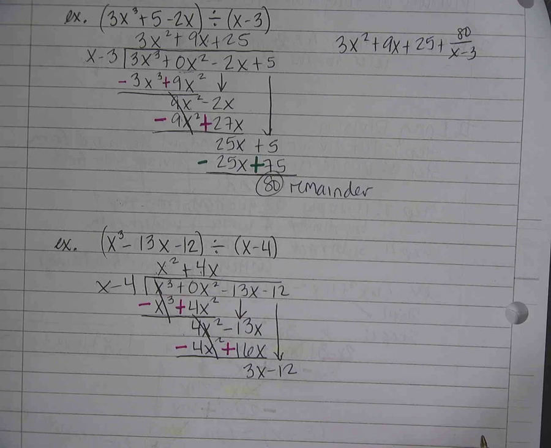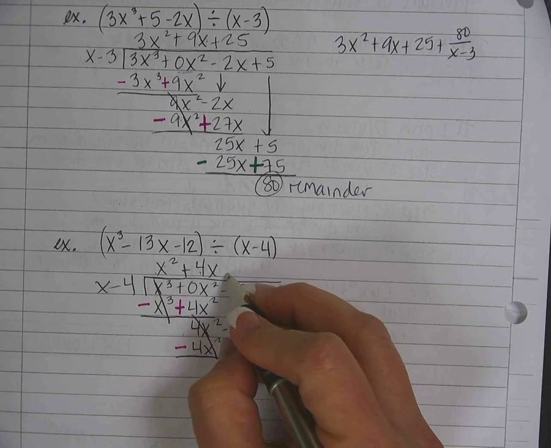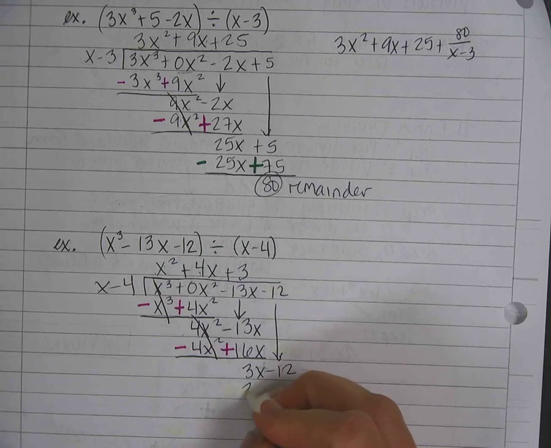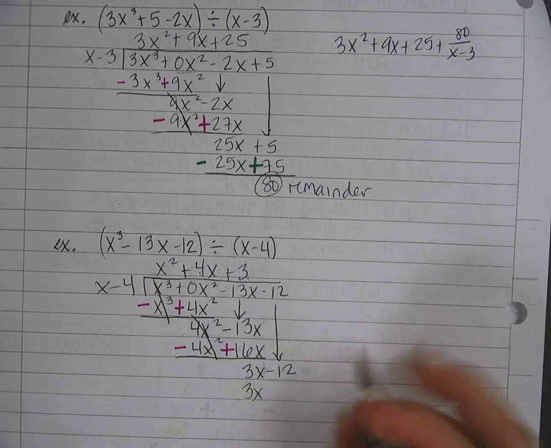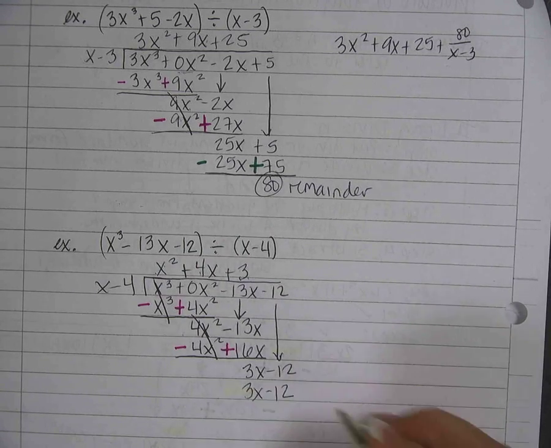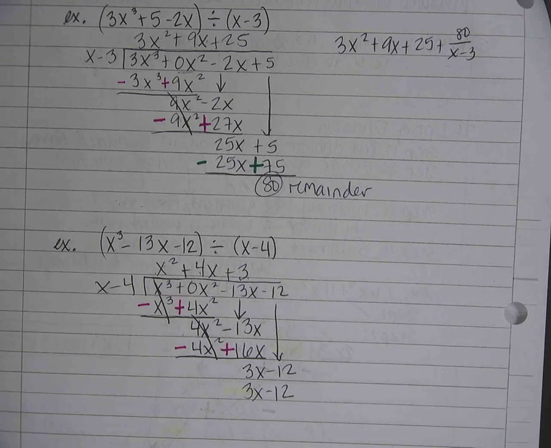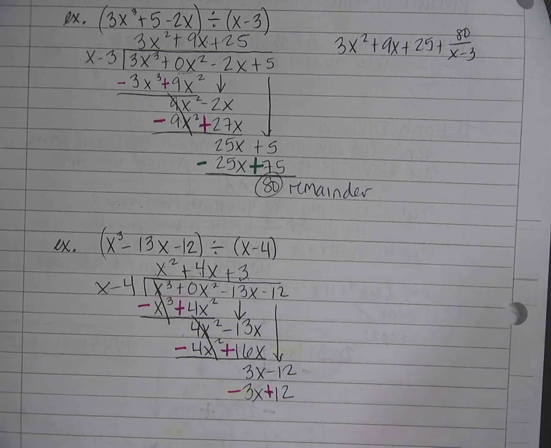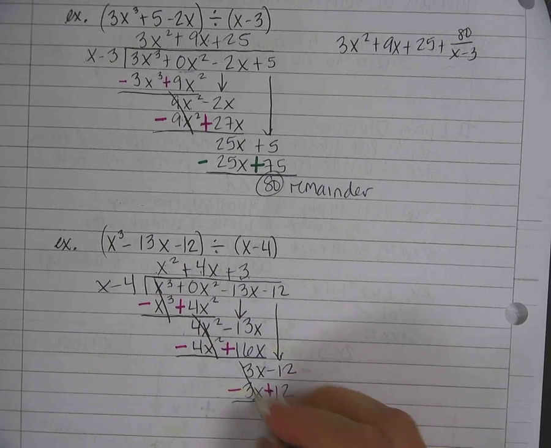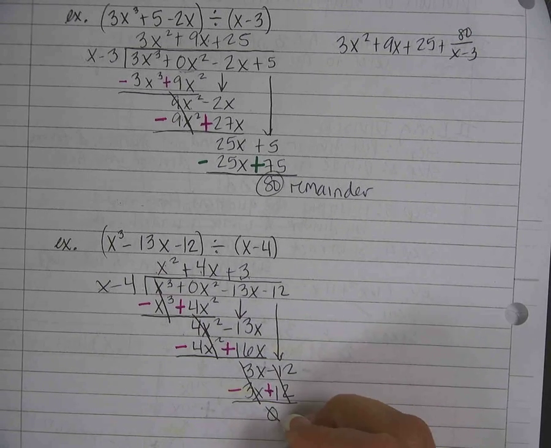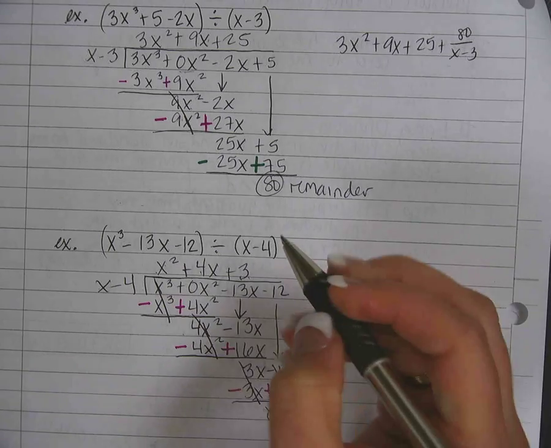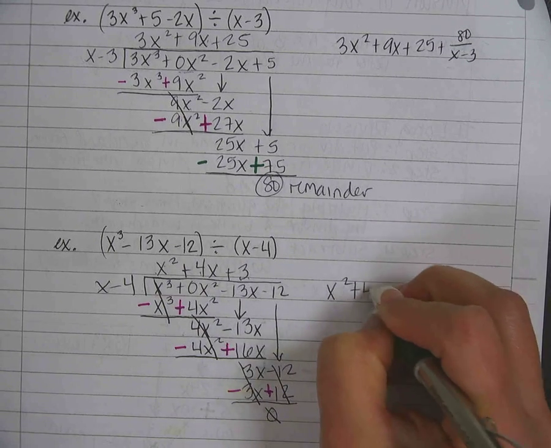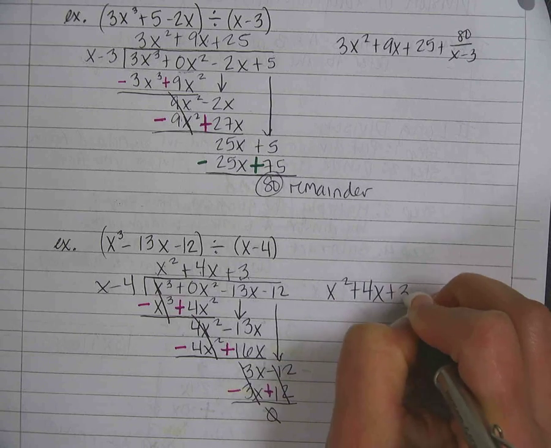I'm going to put a plus 3 right here, because 3 times x gives me my 3x. 3 times negative 4 is negative 12. Switch my signs. And if you notice here, both of them cancel. So that means there is no remainder. And your answer is simply x squared plus 4x plus 3.